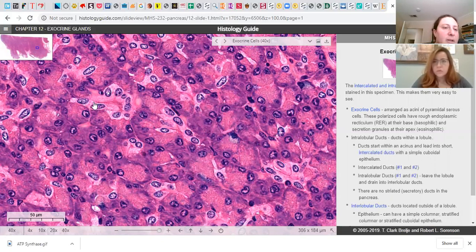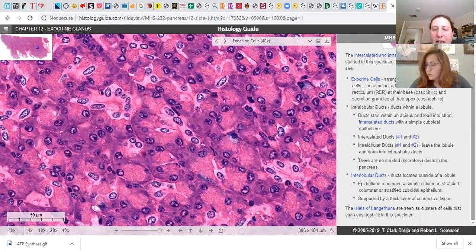And then these paler pink ones, these are part of the ducts. So basically everything on here is acinous except for these little pink bits, which are part of the ducts. And the size of that just varies.